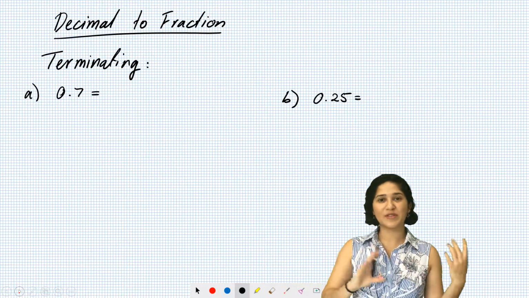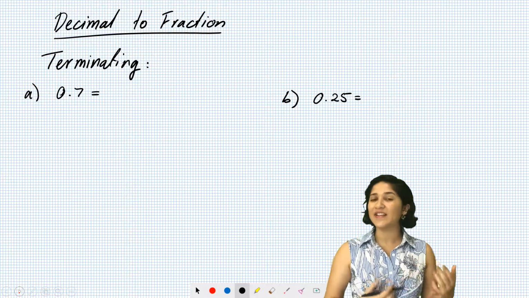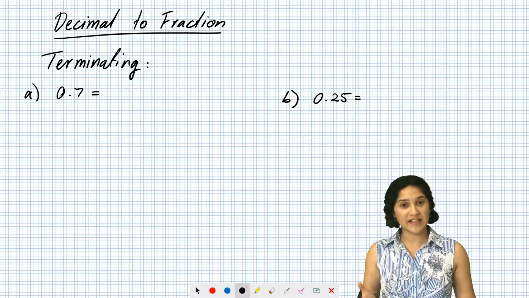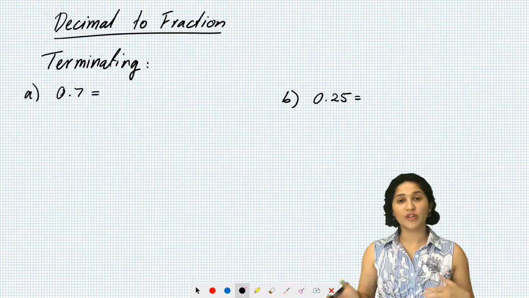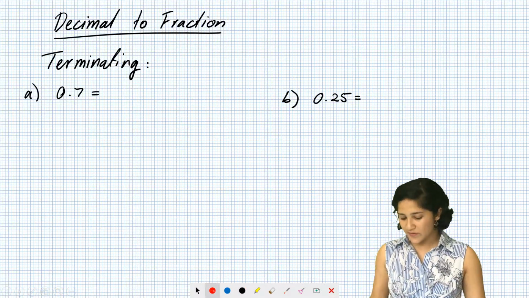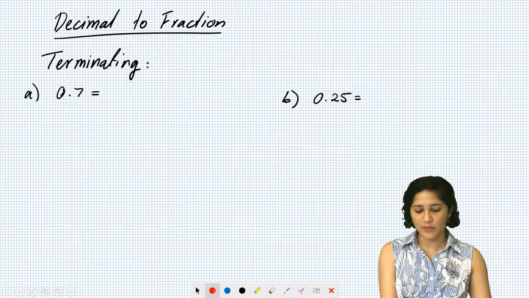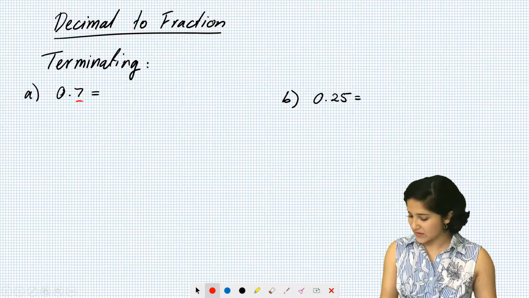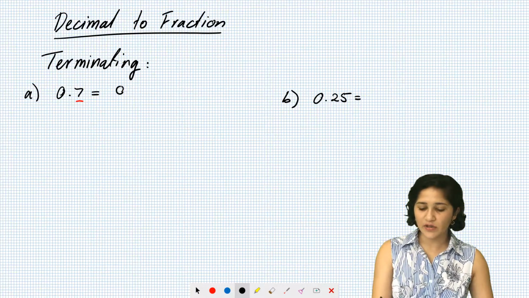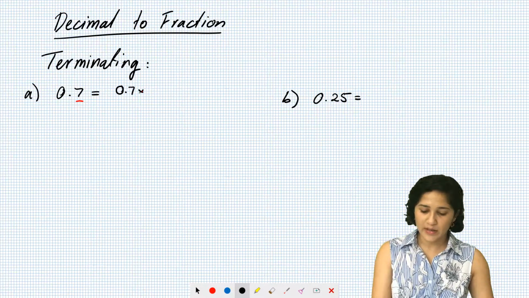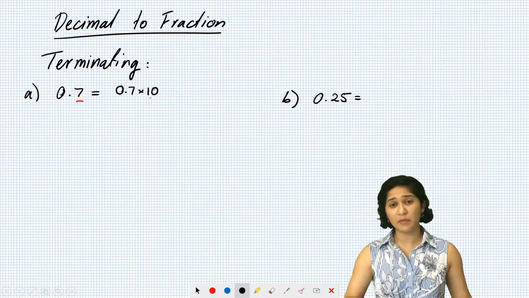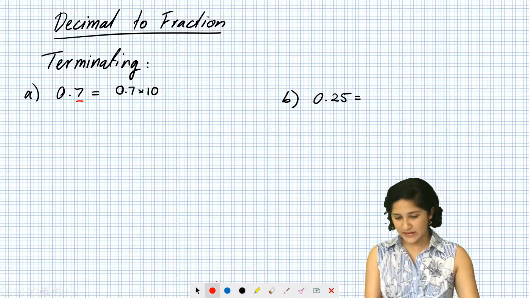Converting from decimals to fractions is where it can get a little bit trickier, but still not too bad. If I have a terminating decimal, it's quite straightforward to convert it into a fraction. All I have to look at is how many decimal places I have. In this case, I have 1 decimal place, so I need to multiply the number by 10. I picked 10 because it has the same number of zeros as decimal places.